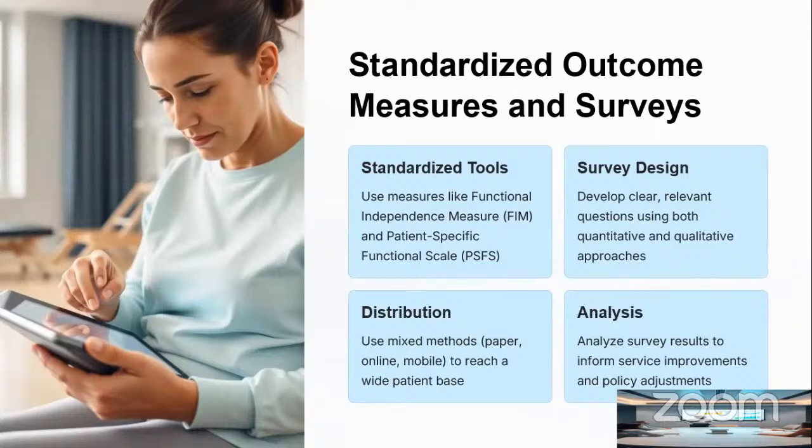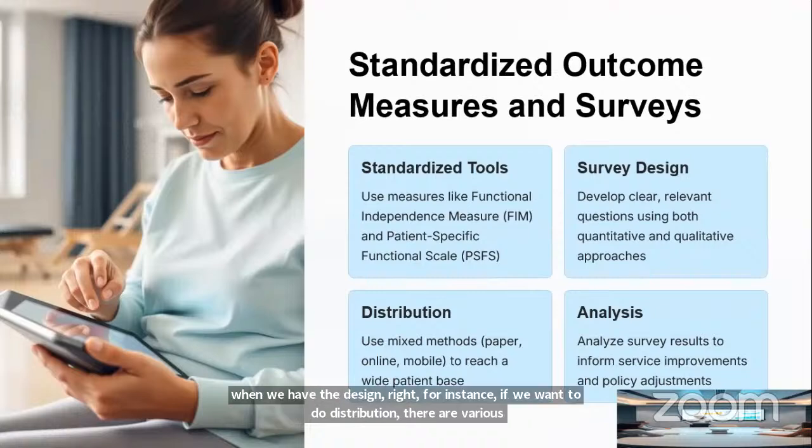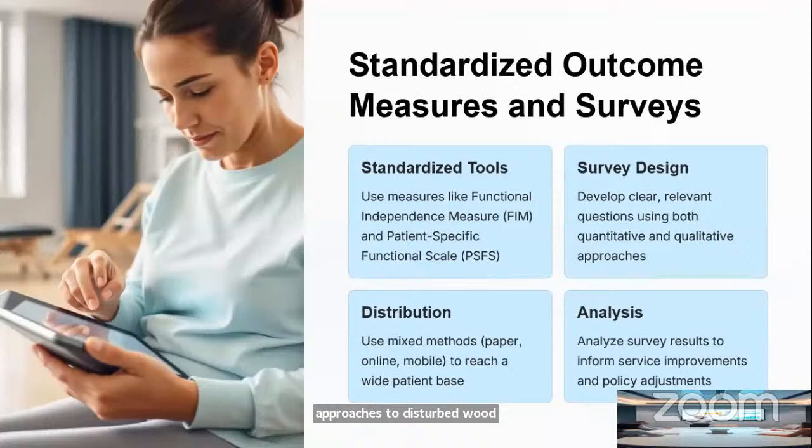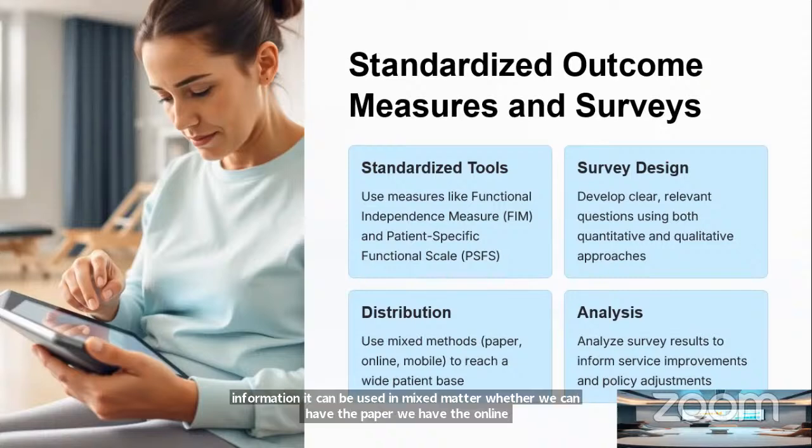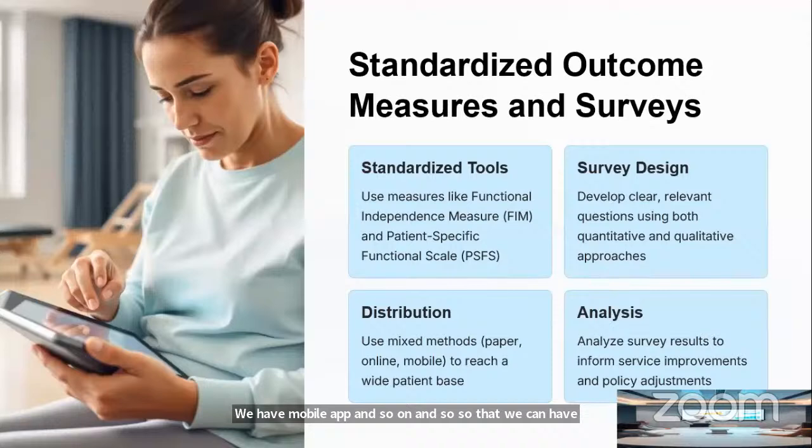So when we have the design, for instance if we want to distribute, there are various approaches to distribute our surveys or information. It can be a mixed method: we can have paper, online, or a mobile app, so that we can have bigger, wider patient-based coverage.